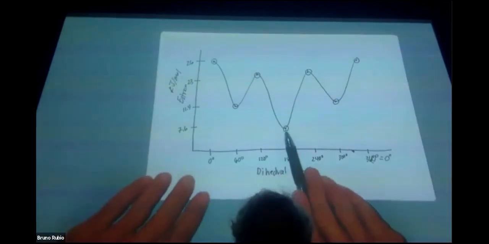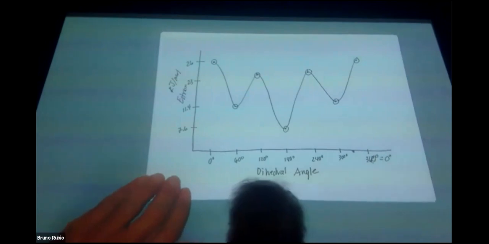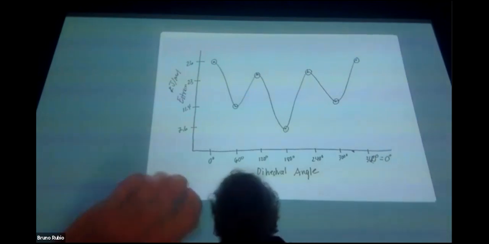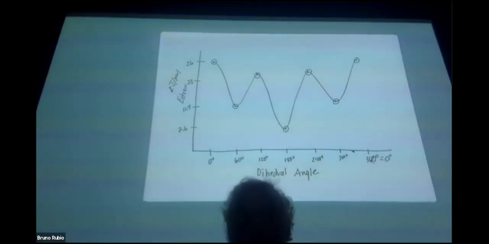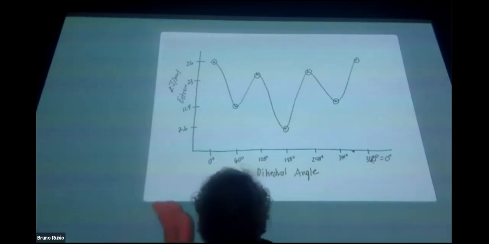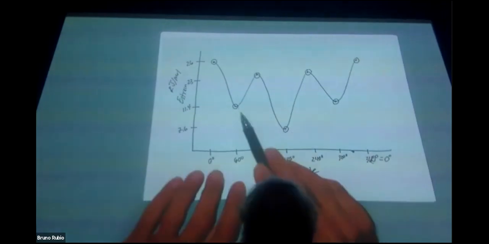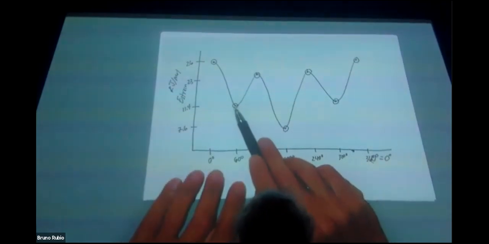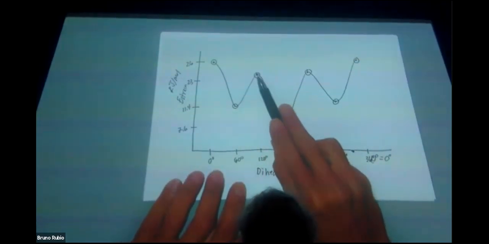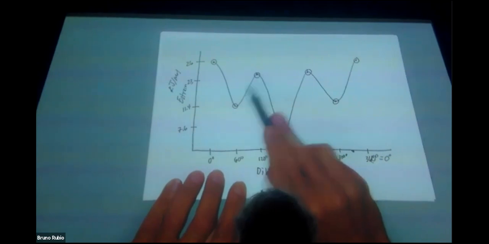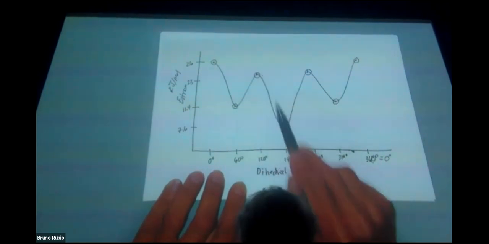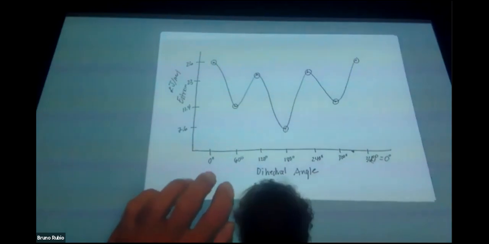The staggered conformations, they're the valleys, they're the relative energy minima. The molecule spends most of its time in the valleys, but not all of its time, because the molecule has enough energy to surmount the barrier and go from one valley over the hill to the next valley.